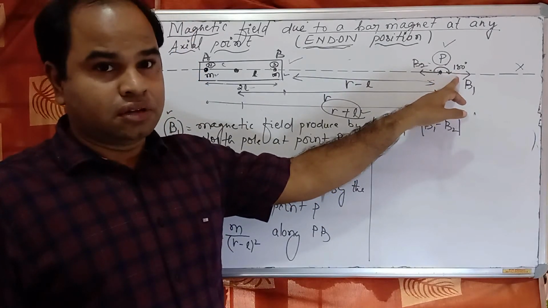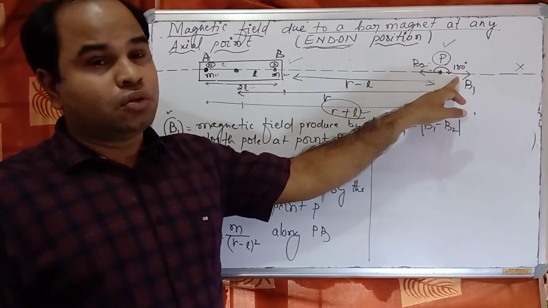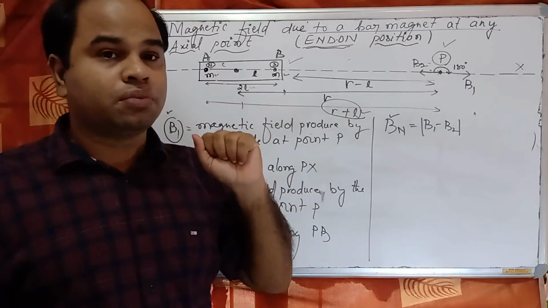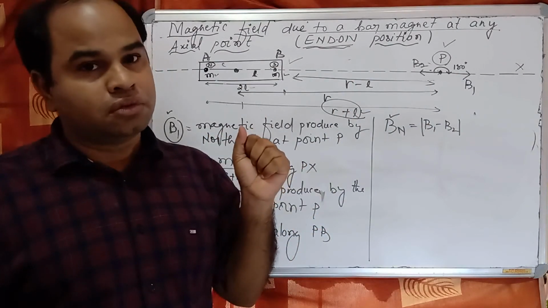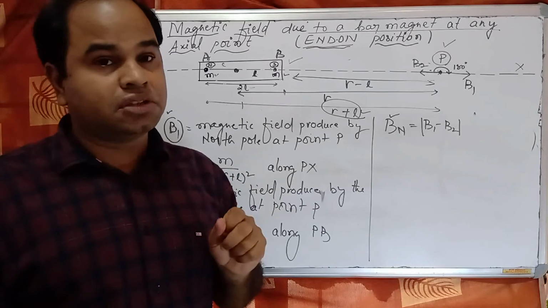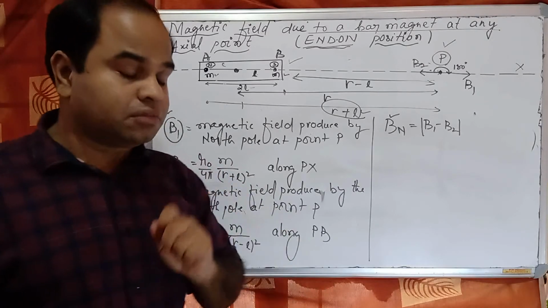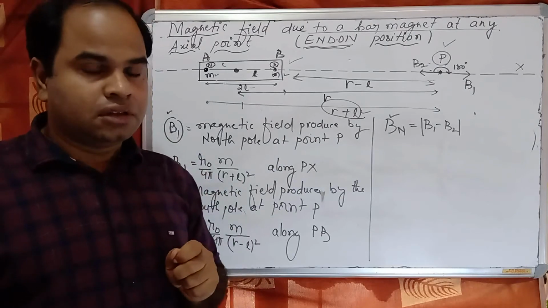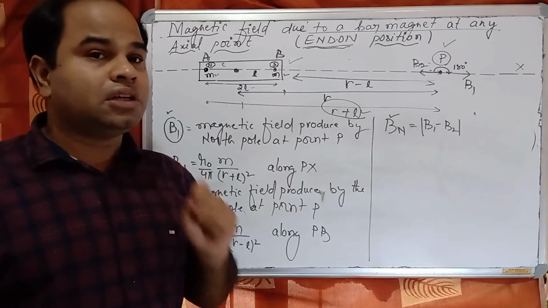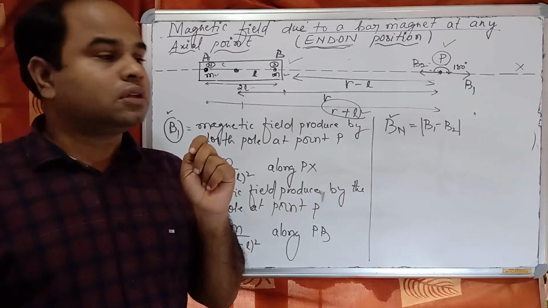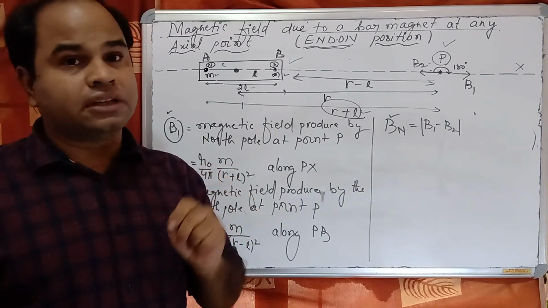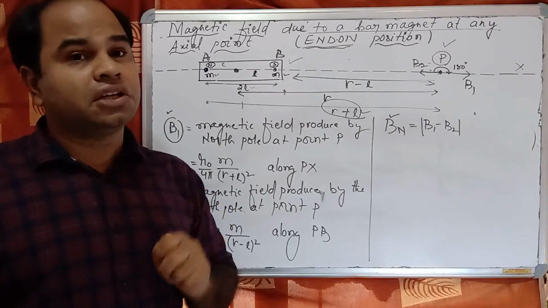The bigger one comes first and the smaller is subtracted. If the two vectors are anti-parallel, the resultant is the mod of the difference of the two vectors, and the direction is along the direction of the bigger vector.